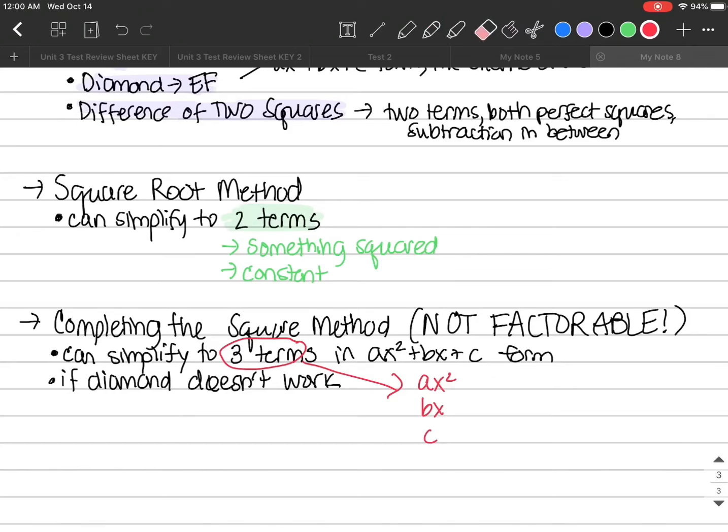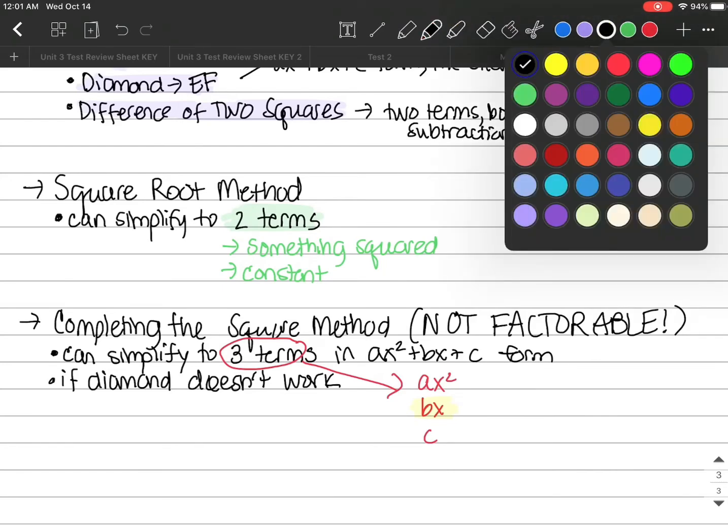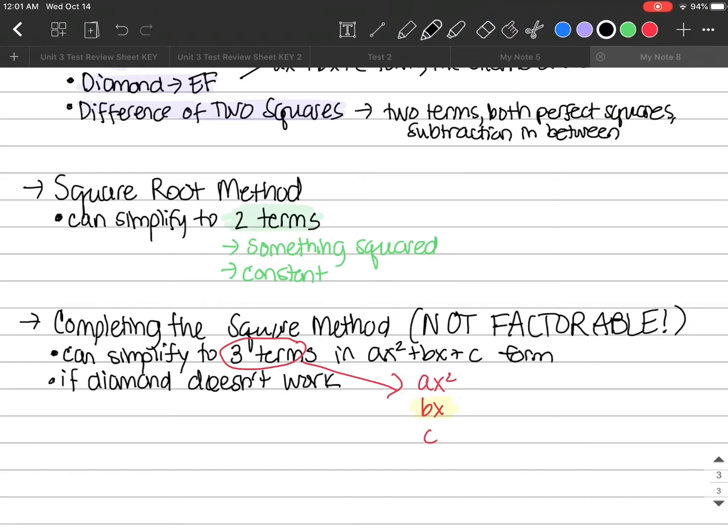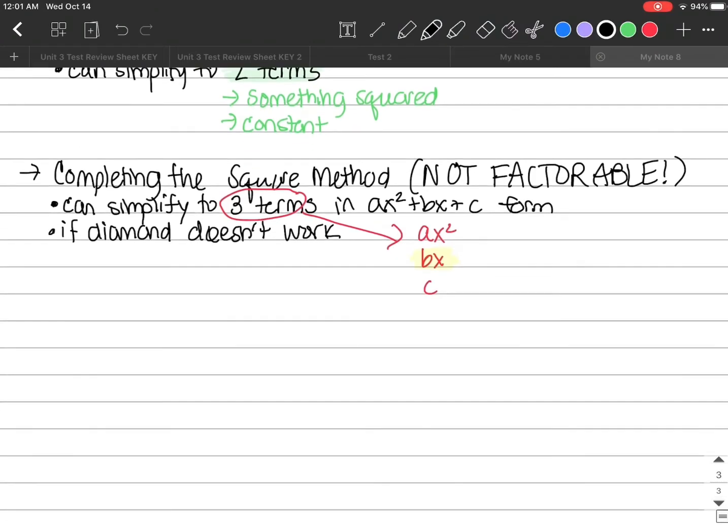And the thing that makes it different from the square root method is that I have that bx. The bx is what changes it.